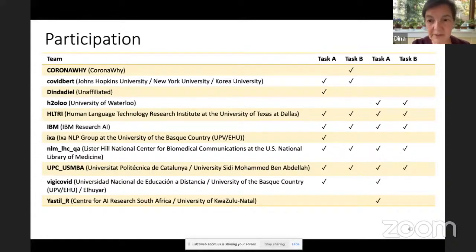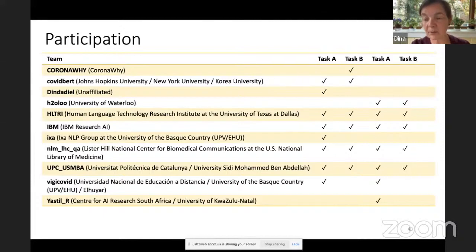practically coming in as one system, the University of Texas participated in both rounds, but the University of Waterloo participated only in the second round with the system that they already had for other question answering tasks. And it turned out that their performance kind of swapped.